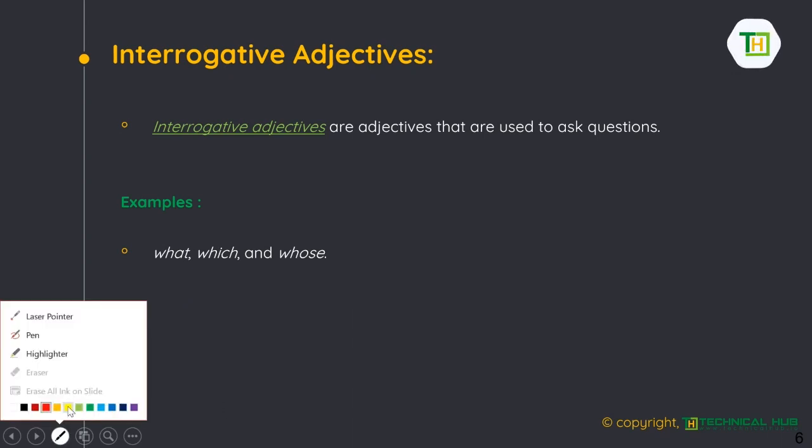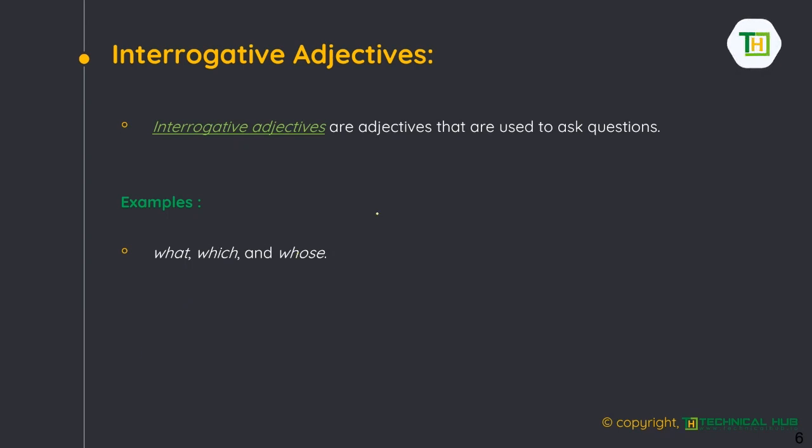Try to remember, interrogative means questioning, or I just indicate with a question mark. Interrogative things: what, which, whose, all these we also use as adjectives.